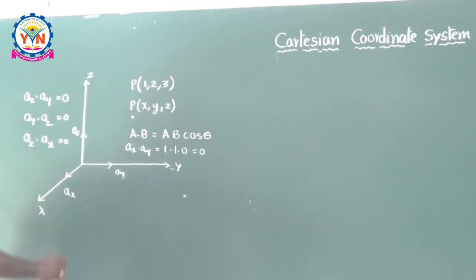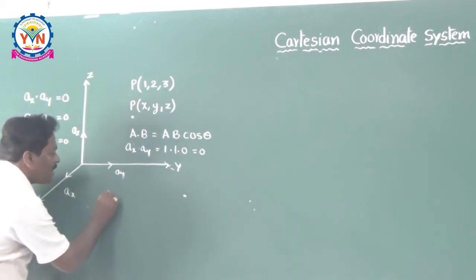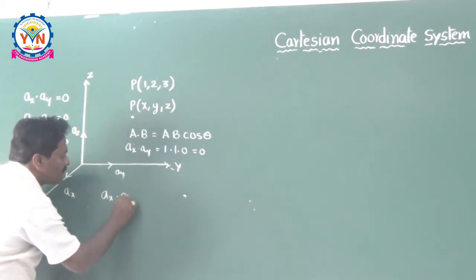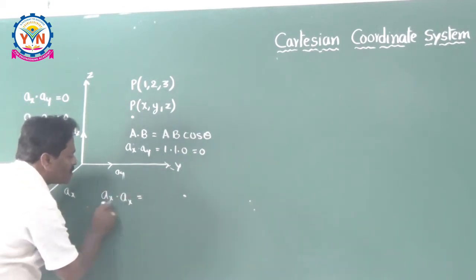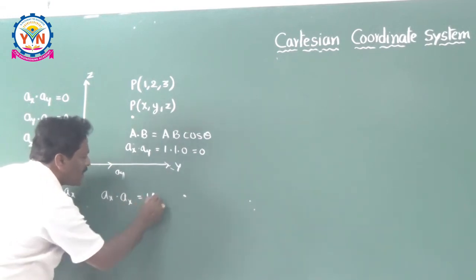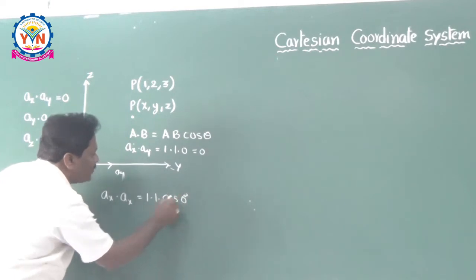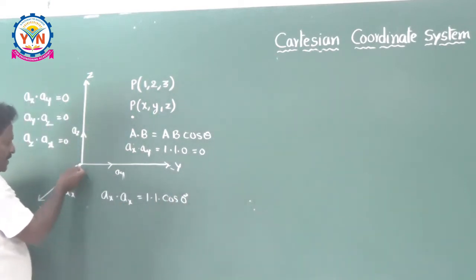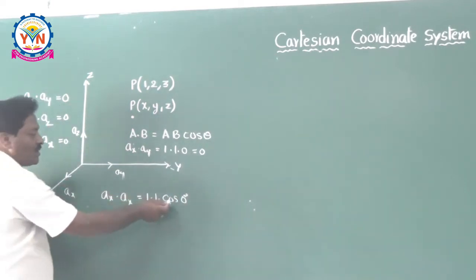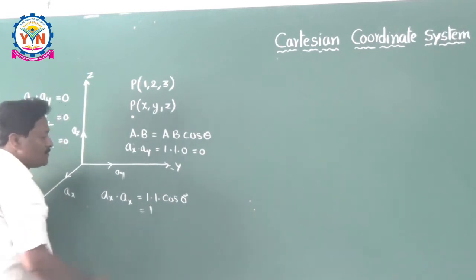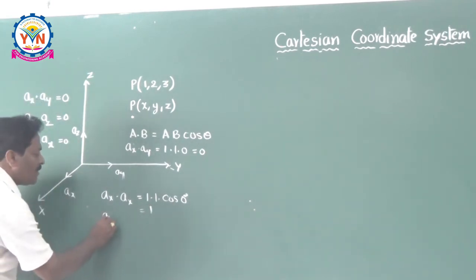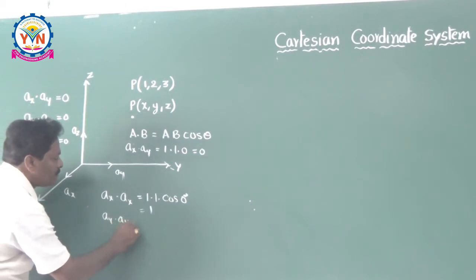For example, if you take AX dot AX, it becomes its magnitude 1 times 1 times cos 0, because the angle between AX and AX in the same direction means theta is equal to 0, and cos 0 is 1. Similarly, I can say AY dot AY is also 1.